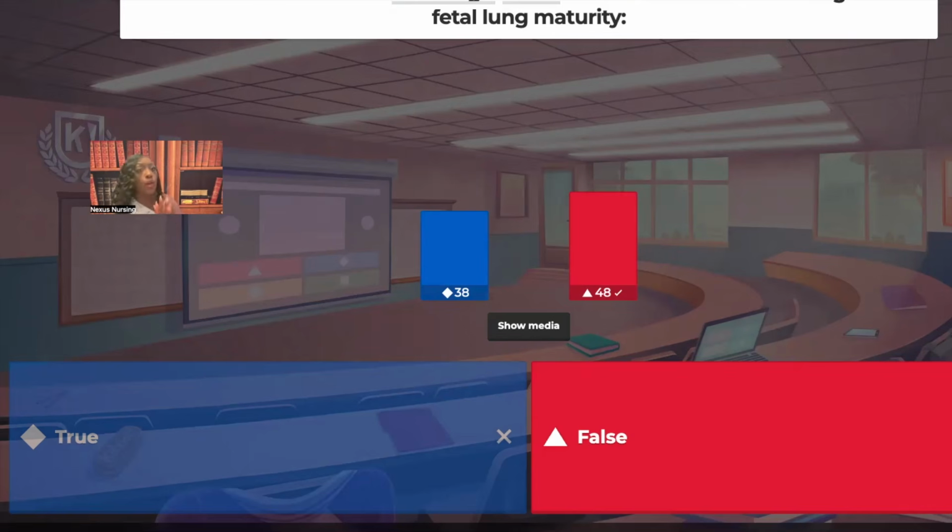Fetal well-being. Now, when it comes to the lung maturity, which you need to know for ATI, from what I understand, ATI asked about that a lot on the exit. L/S ratio. Write that down. Go look it up later. L/S ratio. That's for fetal lung maturity. Okay. Estriol is for fetal well-being.